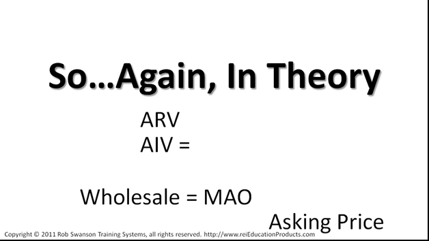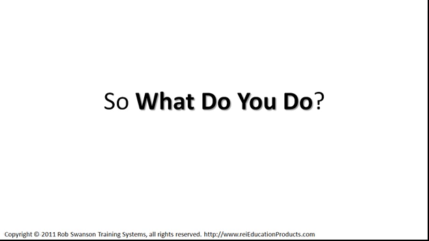So this asking price range is very, very subjective, and it jumps all over the board. You can never base your maximum allowable offer on the asking or the listed price of a property. It just doesn't work. You need to understand the theories and the mechanics and the facts that are going on behind the scenes. So what do you do?